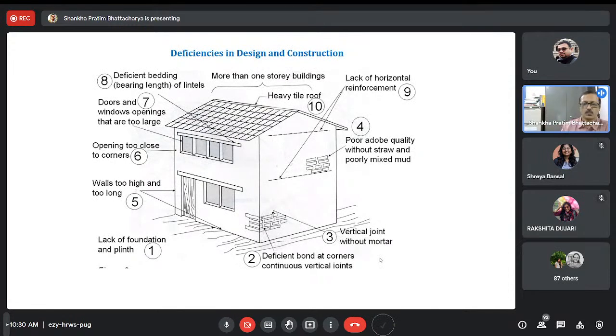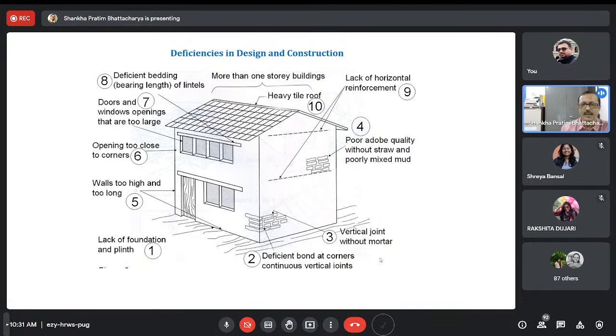There may be bond deficiency in the corner, without some kind of vertical joints or whatever. So that is not a problem involved in the design, but it is definitely a problem of inspection or maybe construction. The material problem: poor quality of the adobe or the bricks, and without the proper mix, or sorry, the proper mortar you may use.